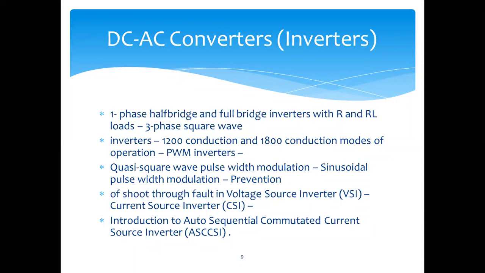Nowadays, in industrial areas we are using induction motors as the load, three-phase induction motors. These three-phase induction motors operate in drive modes. These are AC drives. The AC drives use induction motors, running as motors.